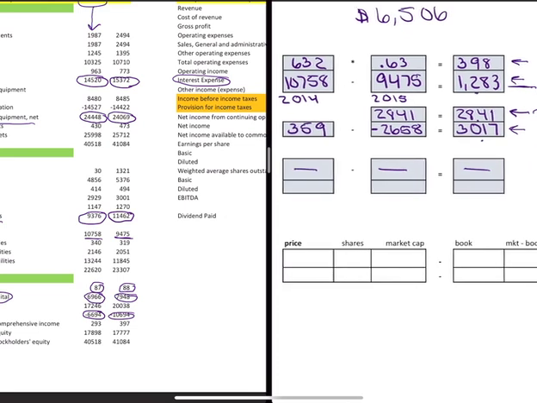So when we add that, we're going to add the 3017. When we do that, we get 7,141.